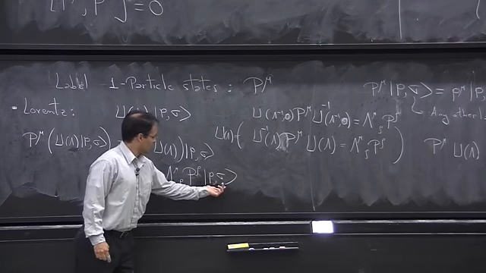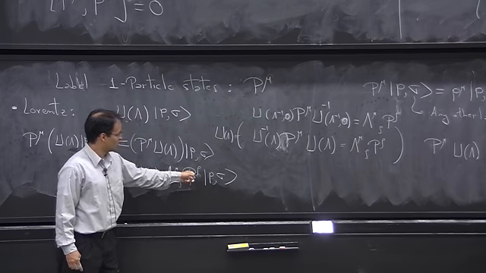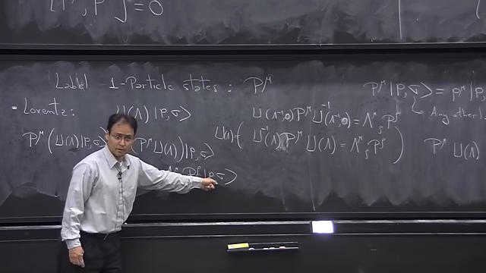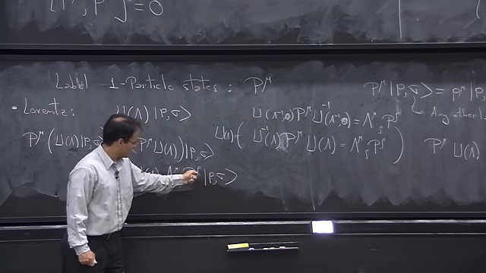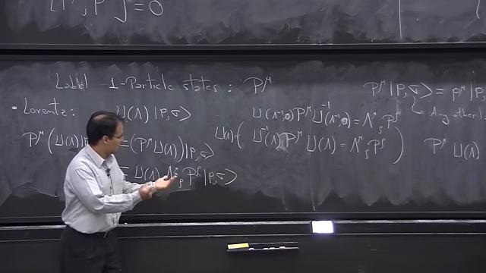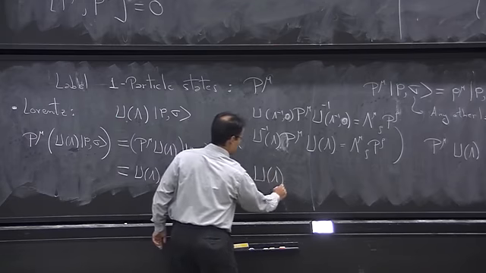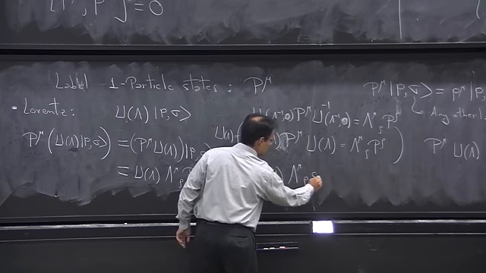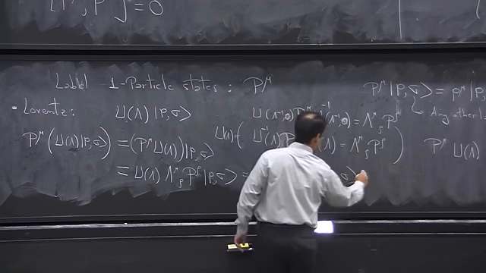But by construction, this is an eigenstate of the momentum operator. So we can replace p rho by the little p, by their eigenvalues. So this is an operator, but acting on these states, we can replace them by these nice real numbers, little p's. So this is the same as u of lambda, lambda mu rho, little p rho, p sigma.